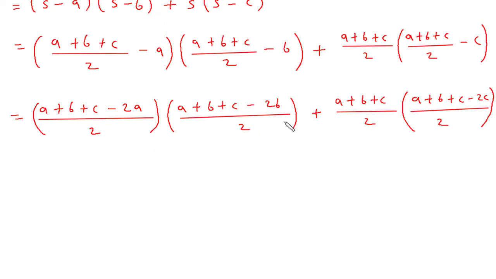Now from both we can take 1 by 4 common. So this will be 1 by 4, since 2 into 2 is 4. So we can take 1 by 4 common from here and 1 by 4 common from here.